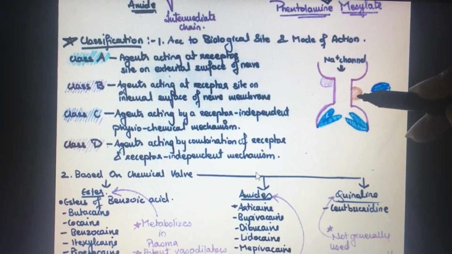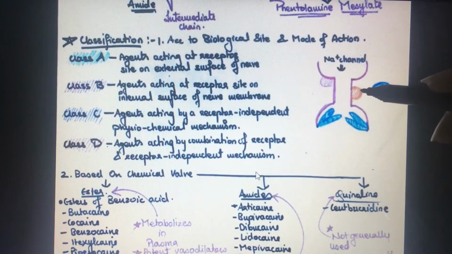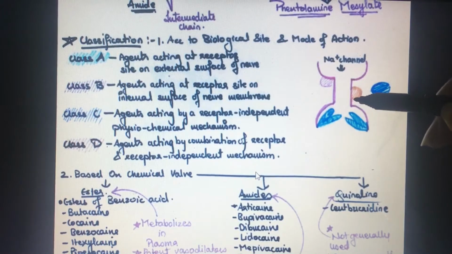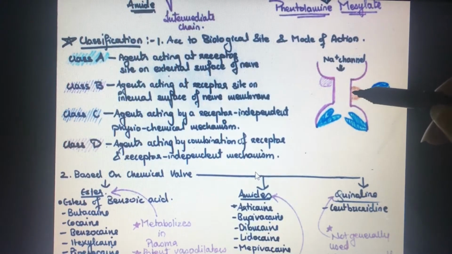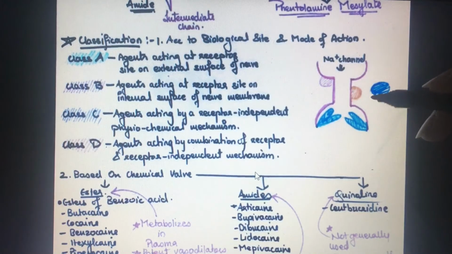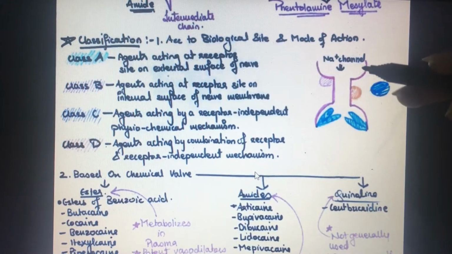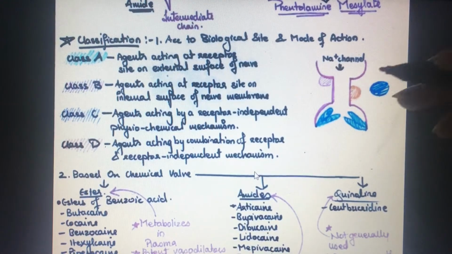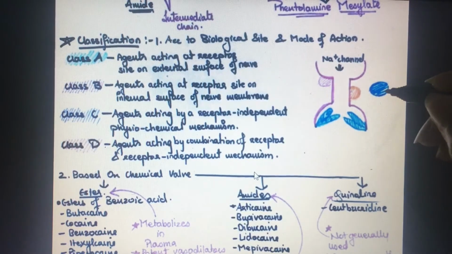This is the most clinically accepted one, which is useful for local anesthetic agents. Examples of this are lidocaine, mepivacaine, prilocaine, the most accepted ones. Whereas the agents acting by receptor independent physiochemical mechanism, an example is benzocaine.